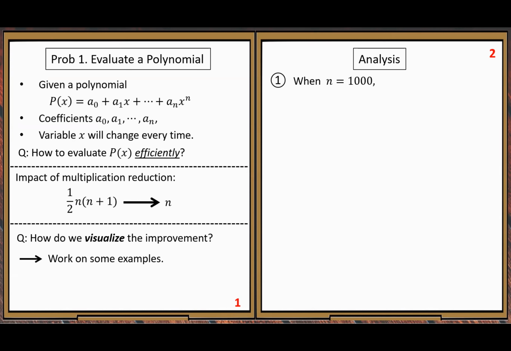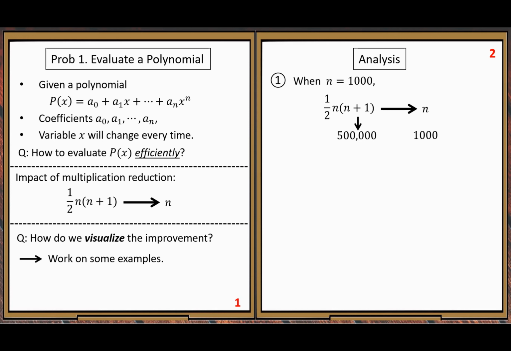n equals 1,000. So let's plug in these two expressions, left-hand side, right-hand side, and 1,000. Left-hand side, plug in, and we just do approximation, not necessarily the exact number. Here you can see approximately 500,000.